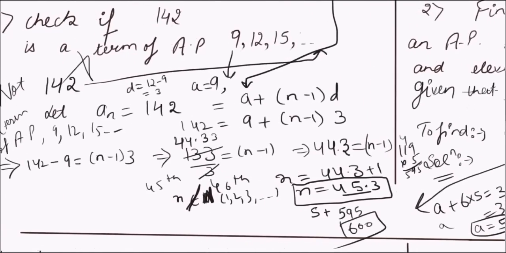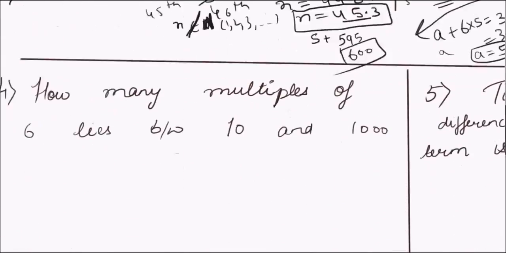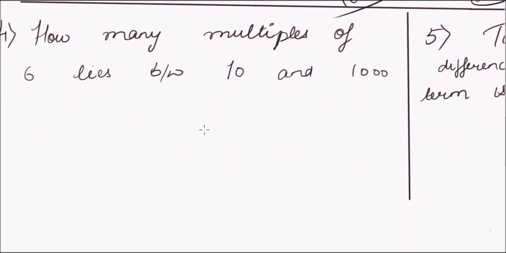Let us have one more example which says, how many multiples of 6 lie between 10 and 1000? We have to find out the number of multiples of 6 between 10 and 1000.